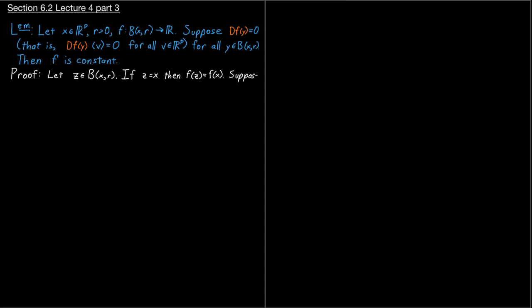So we're going to suppose that z is not the same point as x. Let me tell you where this is going. This is going to f of z equals f of x, and thus f is constant.